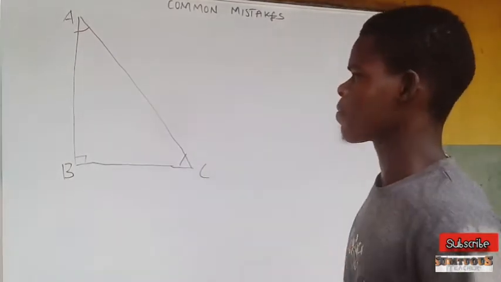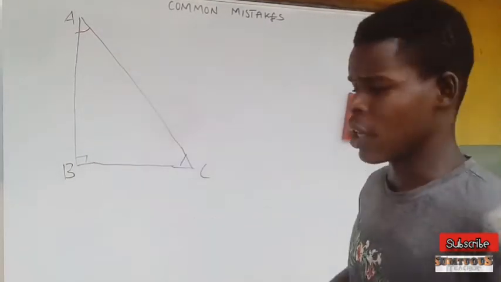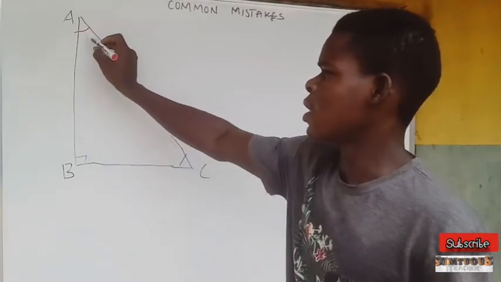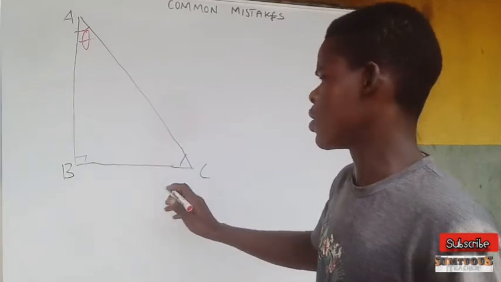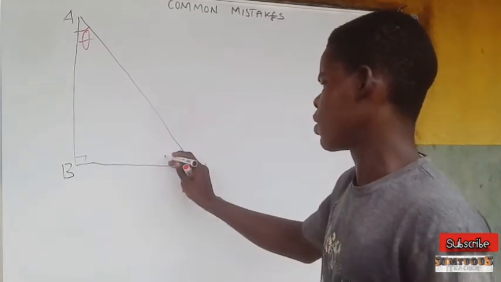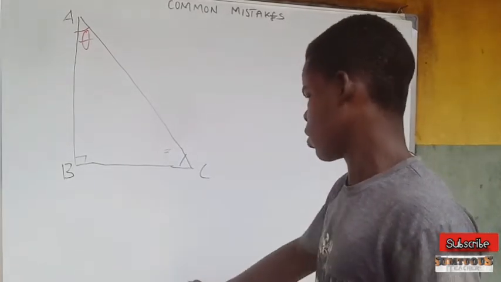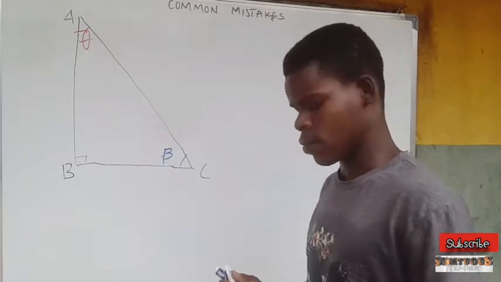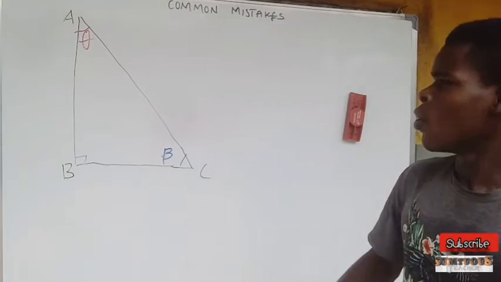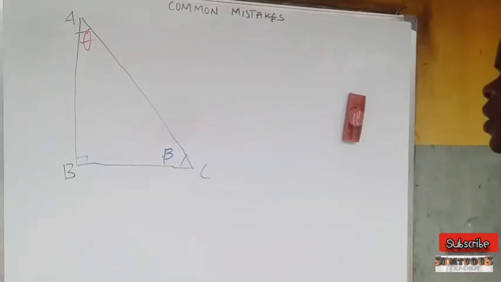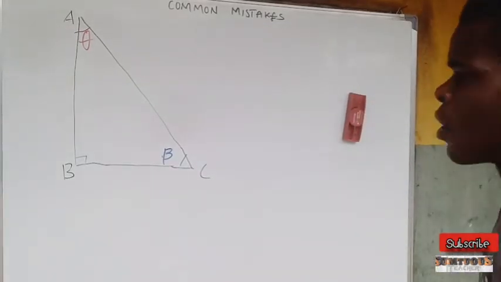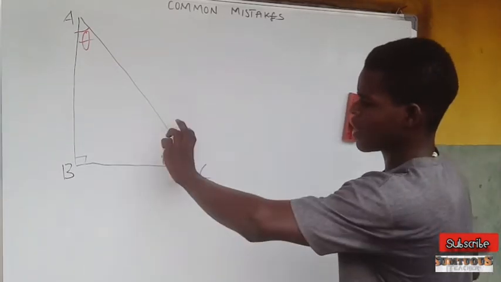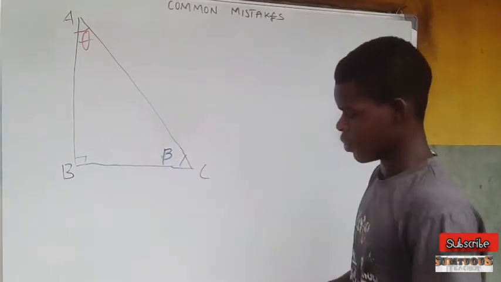Now here, this is a right angle triangle. This could be an angle theta, while this, let's say, angle beta. If you have something like this, students mostly consider the angle to be only this angle.